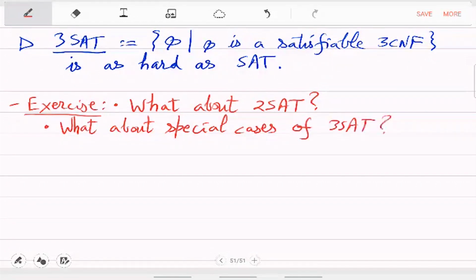Okay, so 2 SAT will have only 2 literals in every clause. And you may also look at settings between 2 SAT and 3 SAT. So you can come up with such special cases and see whether 3 SAT can be further simplified. Okay. So a hint is that 2 SAT is actually in polynomial time. Okay, but there might still be interesting things between 2 SAT and 3 SAT that you can come up with.